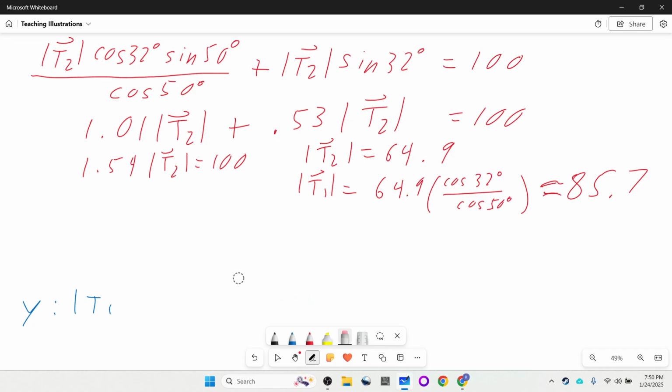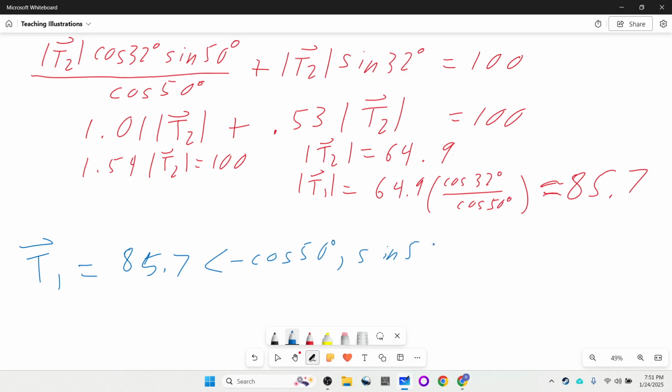Now we just have to plug them back in to our equation. So T1, and this takes more than just one screen, I've had to erase a lot, T1 would be the length of T1, so it's 85.7 times negative cosine 50, sine 50, which we should really work out.